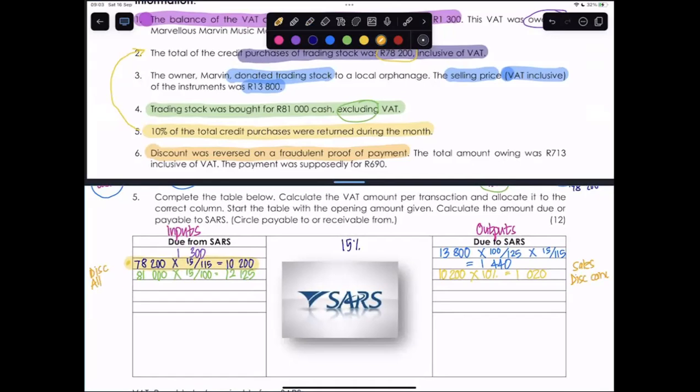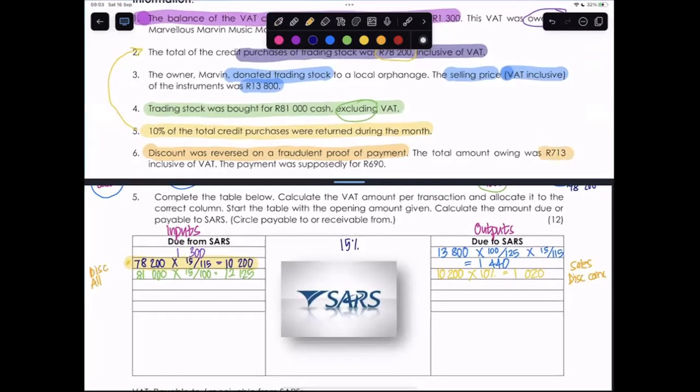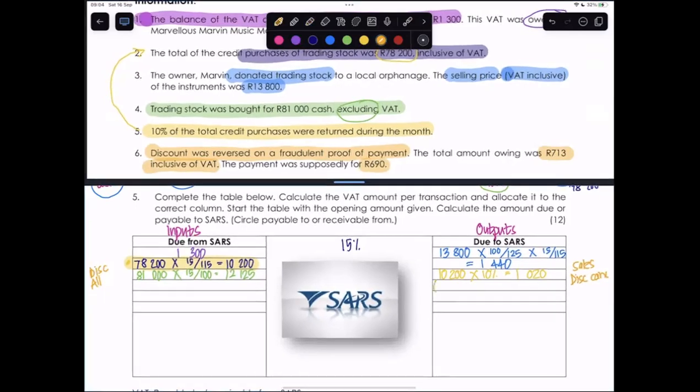The total amount owing was 713 Rand, inclusive of VAT. The payment was supposedly for 690. So that means that the discount would have been 713 minus 690, which would give you 23.